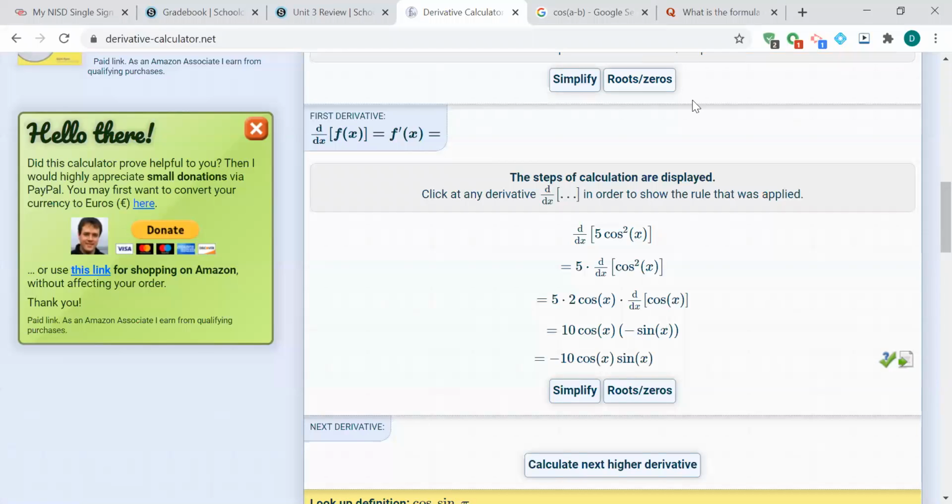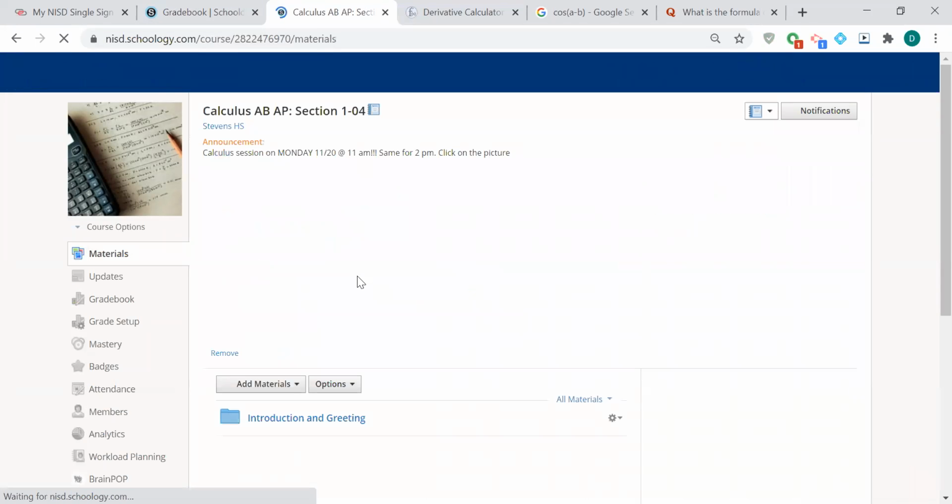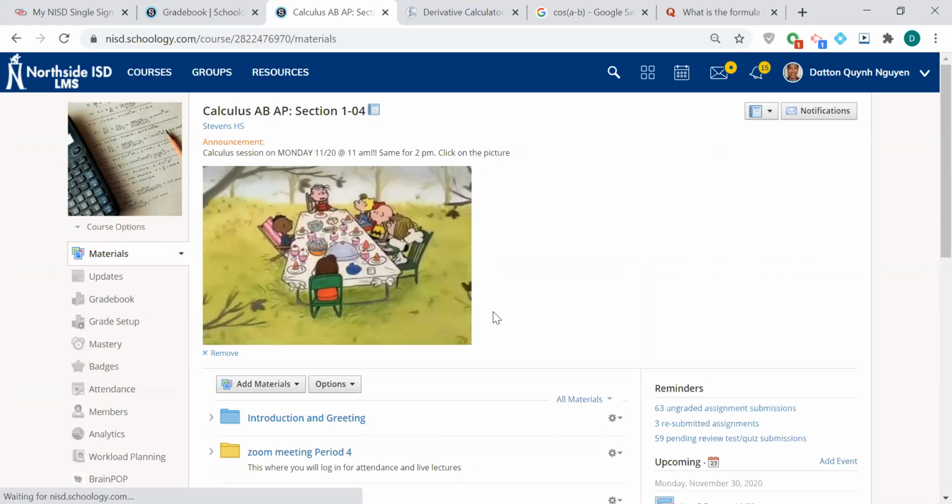So that's hopefully a very helpful tool. I'll actually, in this moment, put this in here.